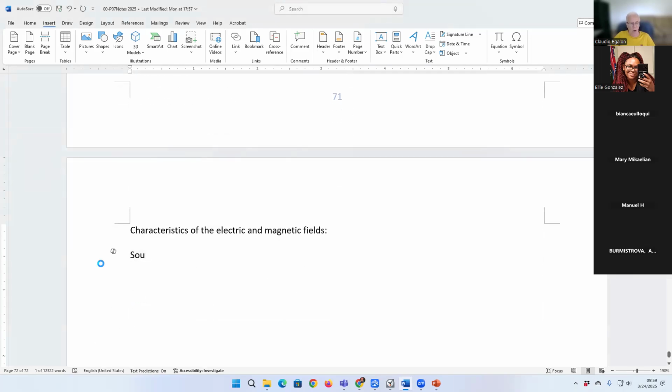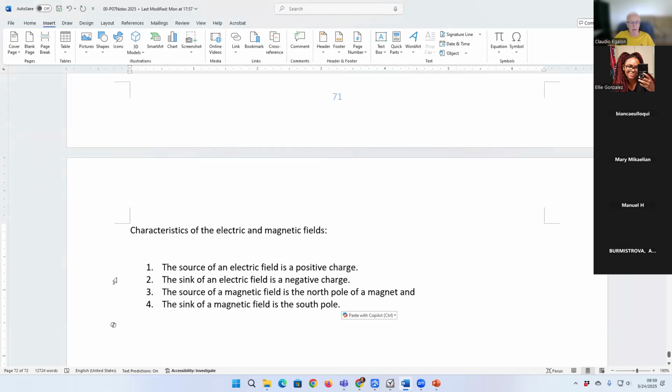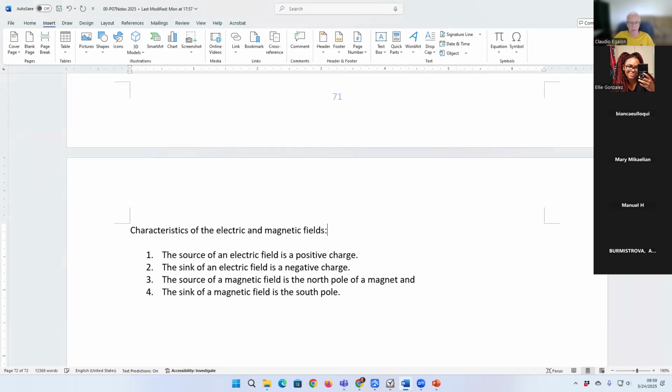The source of the electric field is the positive charge. The sink of an electric field is the negative charge. And we have the same thing for the source and sink of the magnetic field: the source is the north pole of a magnet and the sink of a magnetic field is the south pole. Another parallel between them, right?